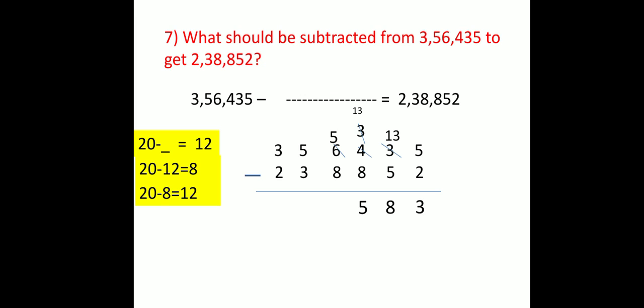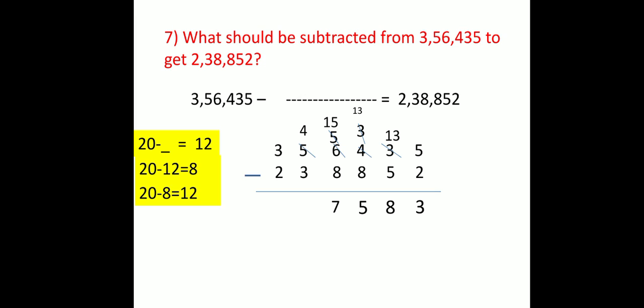Then 5 minus 8. Is it possible, 5 minus 8? No. Then borrow from the next 5. Then 5 becomes 4, and this 5 becomes 15. Now 15 minus 8, how much? 15 minus 8 equals 7. And then 4 minus 3.